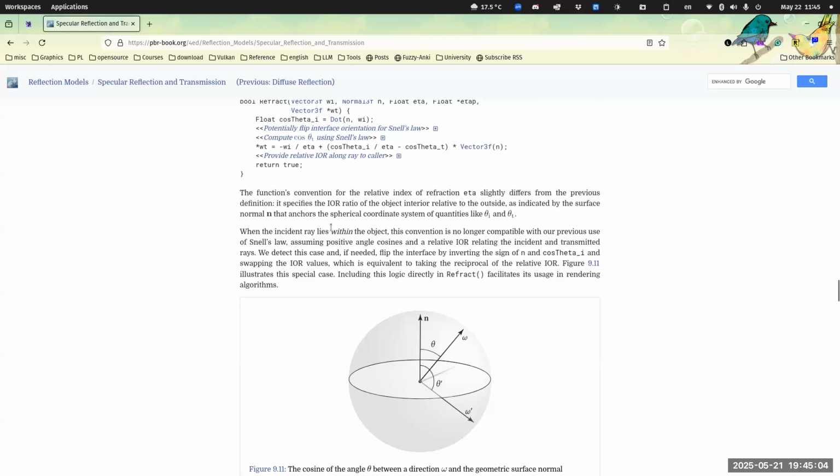When the incident ray lies within the object, this convention is no longer compatible with our previous use of Snell's law, which assumes positive angle cosines and a relative IOR. So they detect this case and then just flip.